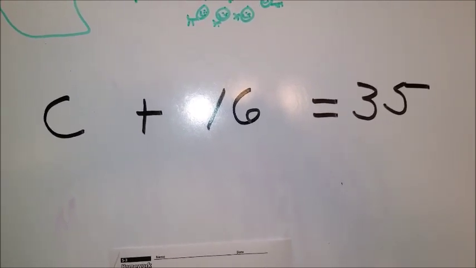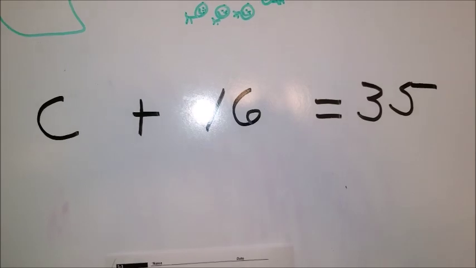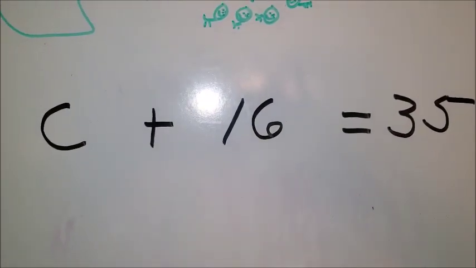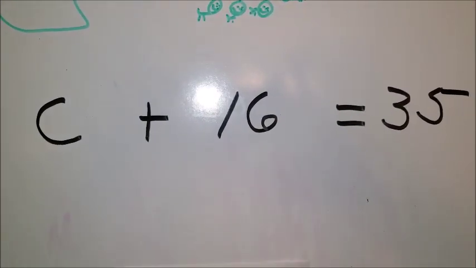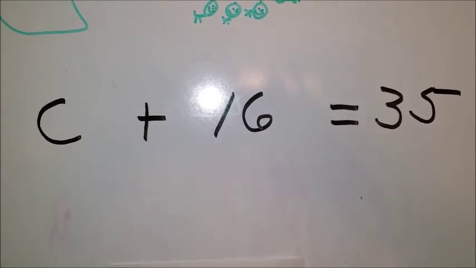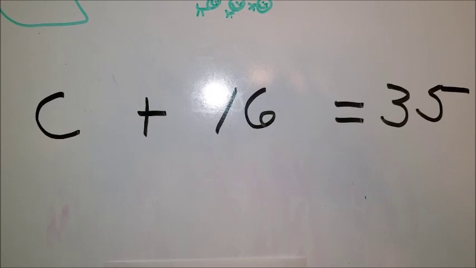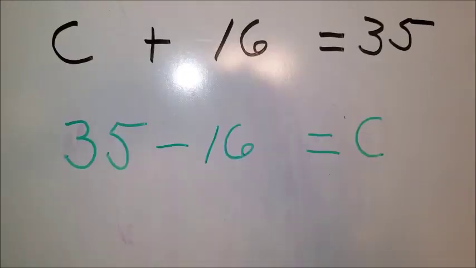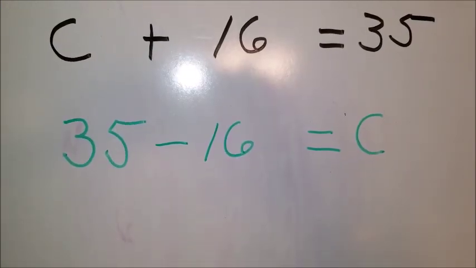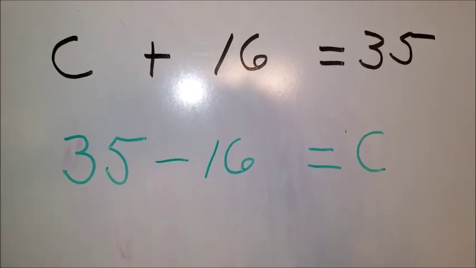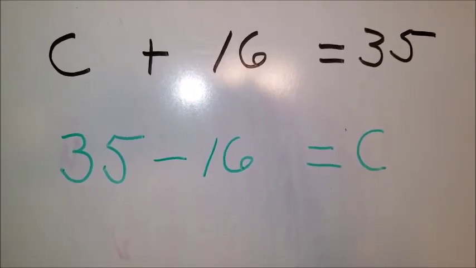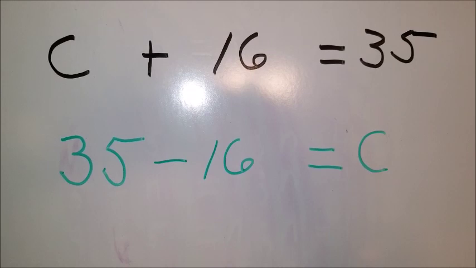Now, what can we do to figure this out? We could say, blank plus 16 equals 35. That's kind of hard to do in my head. Or we could use some of our fact family knowledge. Let's take a look. Well, there you have it. A fact family member showed up to help us out. Look at that.